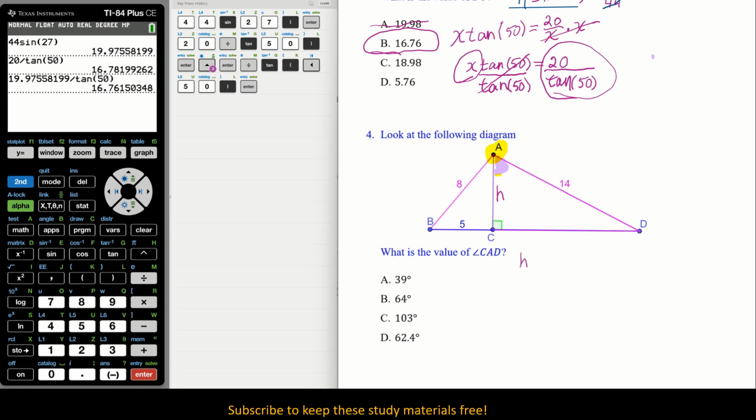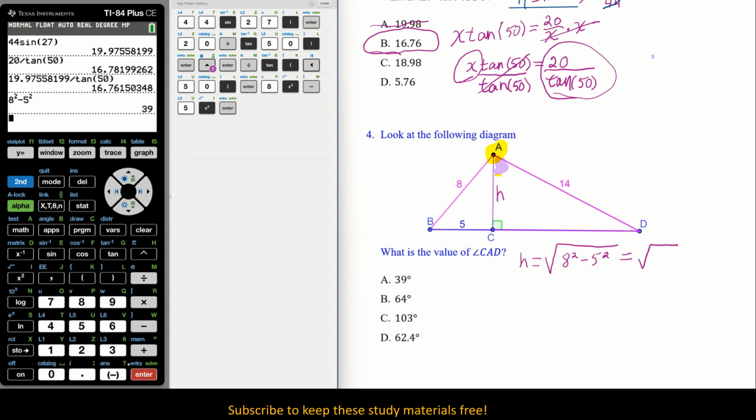So the height equals all under the square root 8 squared minus 5 squared. And I'm seeing that that would be a decimal, so let's go ahead and do an exact value. Okay. So 8 squared minus 5 squared, 39. So this is what we're going to use for height.